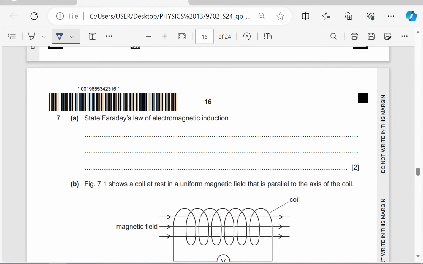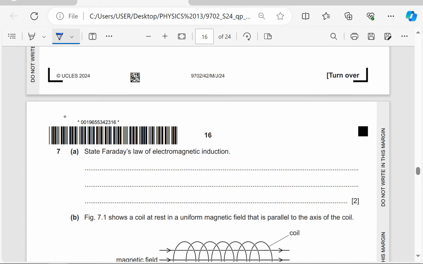Then this is magnetism and electromagnetic induction. State Faraday's law of electromagnetic induction. Remember, Faraday's law is magnitude, Lenz's law is direction.